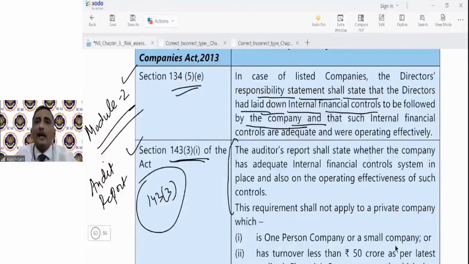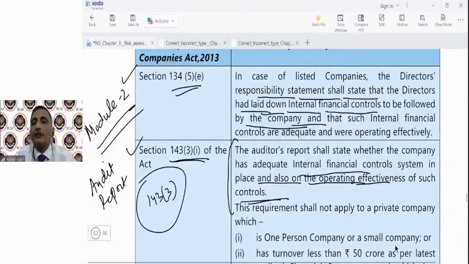So the auditor has to report whether the company has adequate internal financial controls in place, and also on the operating effectiveness of controls. So in certain companies, the auditor has to give a report on whether the company has internal financial controls in place, and whether these have operated effectively throughout the period.